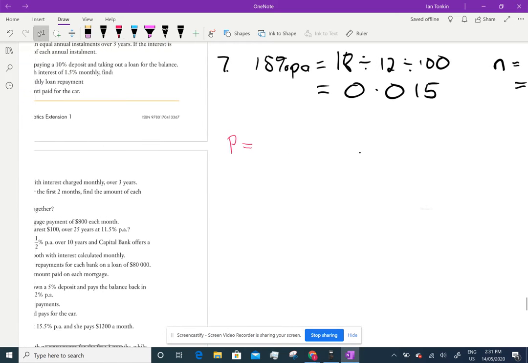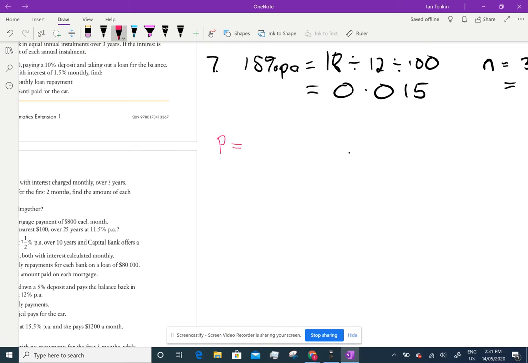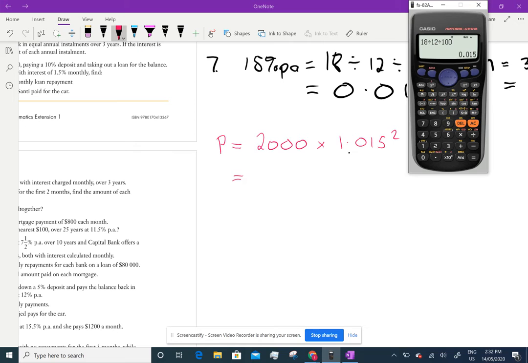But I reckon they will have charged you interest in those first 2 months. So the $2,000 that you're going to need to repay is going to be times 1.015 squared for the first 2 months. So 2,000 times 1.015 squared means that there's going to be $2,060.45.